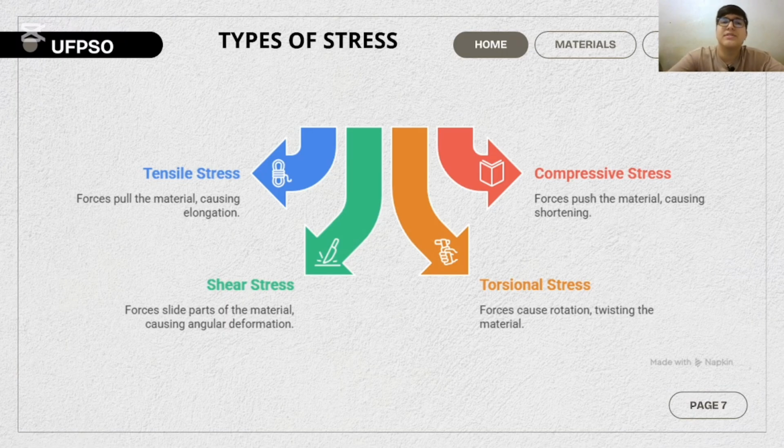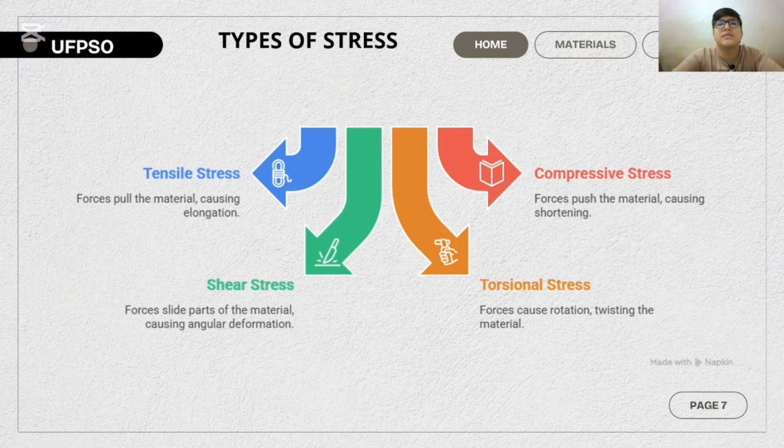Example: tensile stress can be observed in the cables of a suspension bridge. These cables support the weight of the bridge and the vehicles, being resistant to pulling force. Compression stress. Compression stress occurs when force is applied toward the center of the material, causing the object to shorten or be compressed.